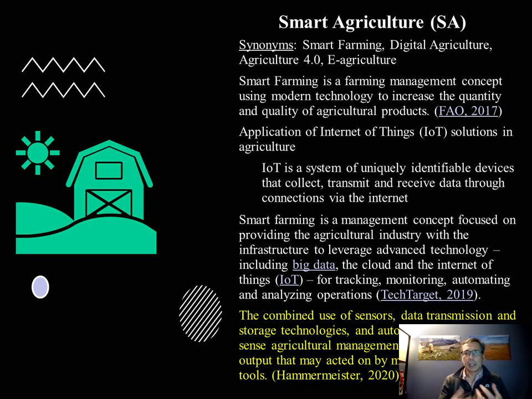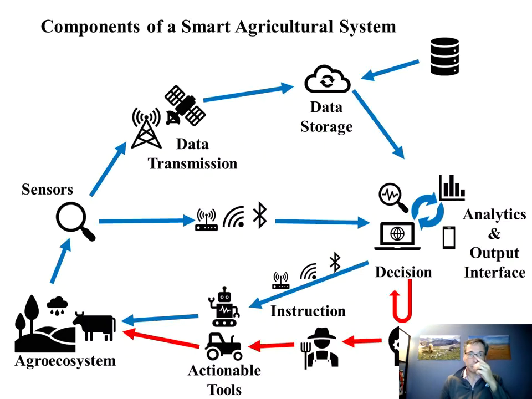I tend to describe it as the combined use of sensors, data transmission and storage technologies, and automated data analysis to sense agricultural management units. So those could be crops, fields, livestock, greenhouses, and to generate output that might be acted on by managers or automated tools. So let's see what that means.